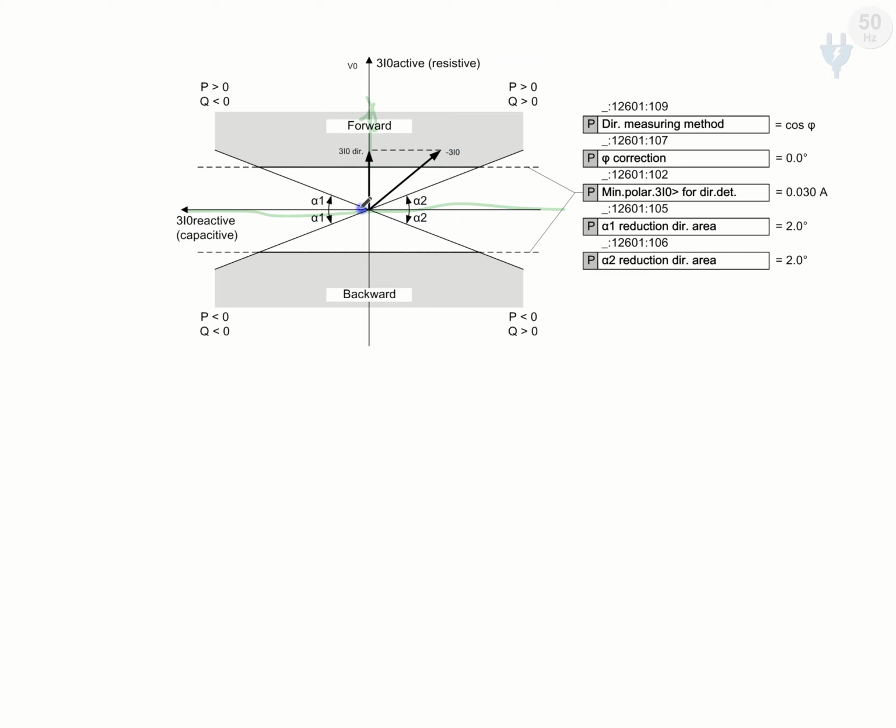And we know here the power, P greater than 0 and Q greater than 0, this is for positive sequence power. It is not for zero sequence power. The zero sequence power, we call this the P axis, P0, and this is the Q axis, Q0.